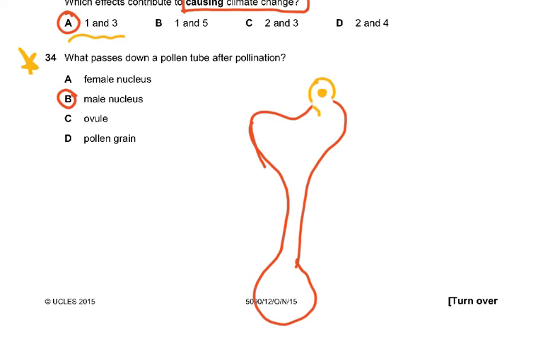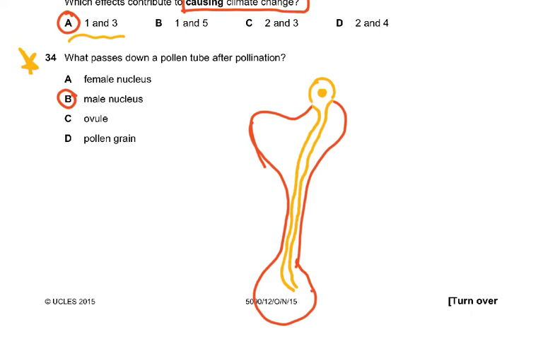Then it develops a pathway which is called the pollen tube, and this pathway passes through the style and reaches the ovule here.